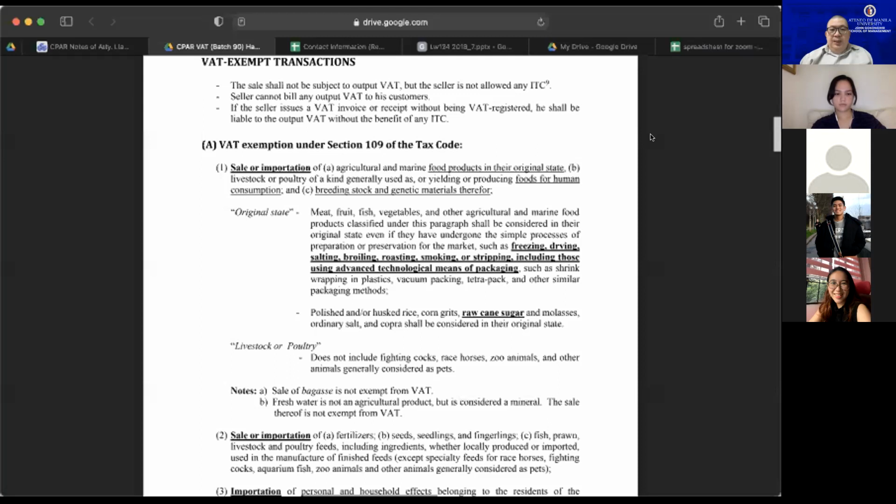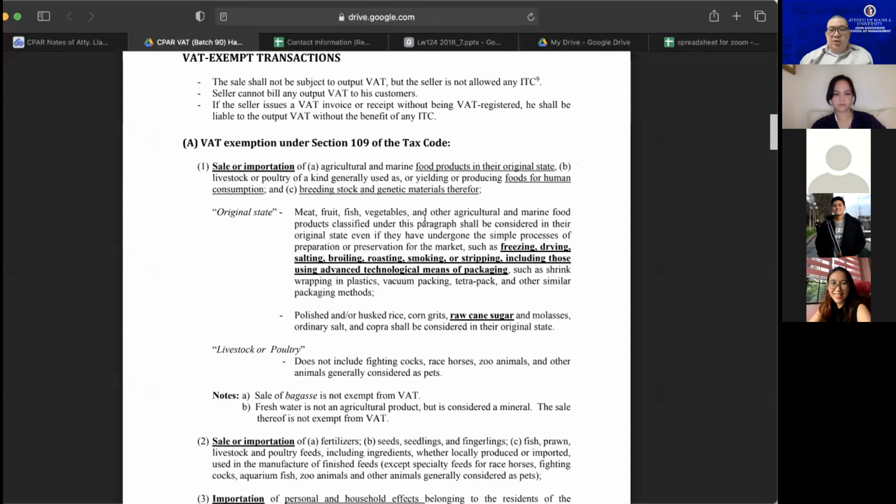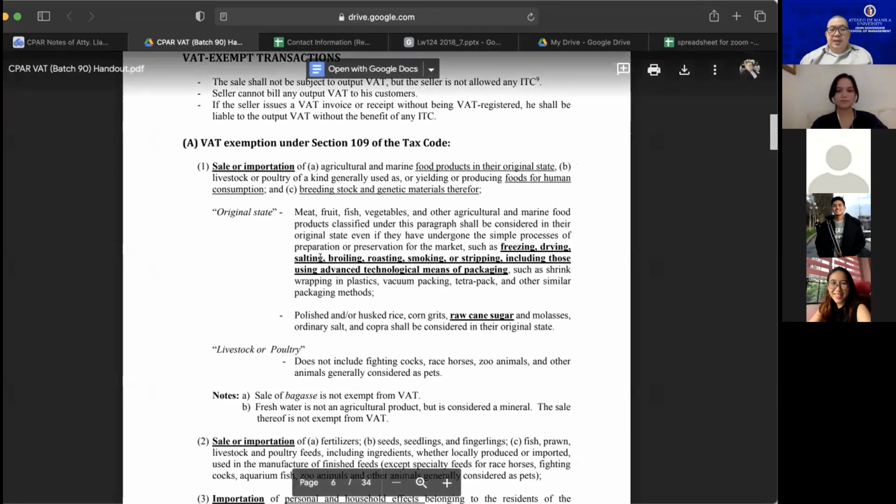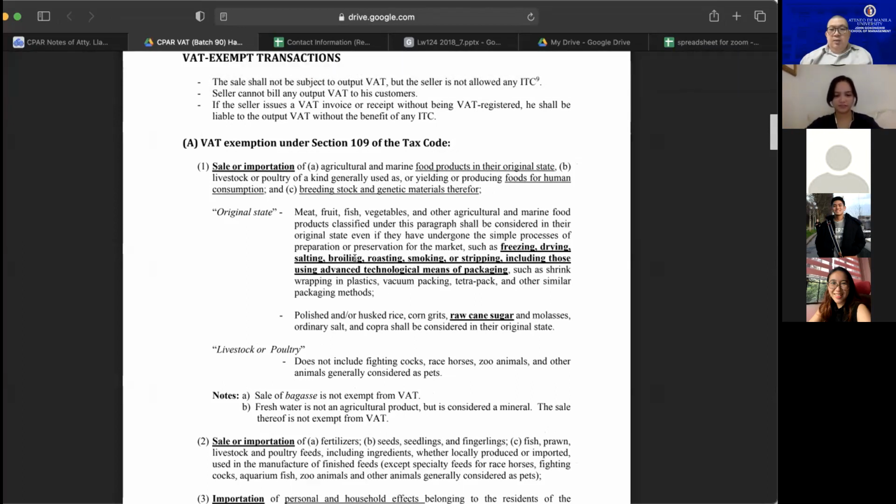Original state means the meat, the fish, the vegetable has not undergone any process of conversion except through freezing, drying, salting. Then that is considered VAT exempt.